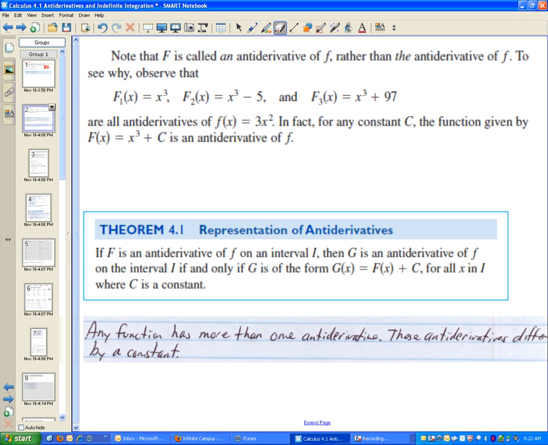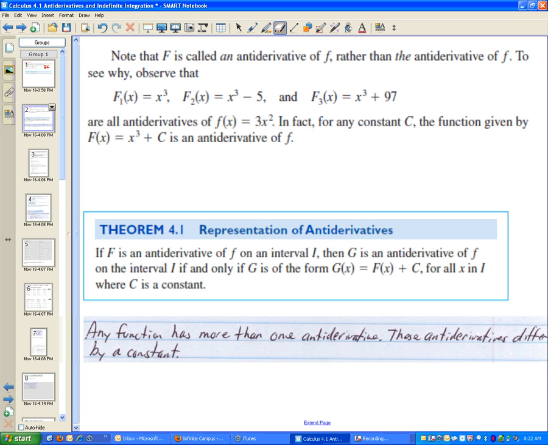our Theorem 4.1, representation of an antiderivative. Notation is an issue here, so think with me. If capital F is an antiderivative of f, then capital G is an antiderivative of f if and only if capital G is of the form capital F of x plus some constant.